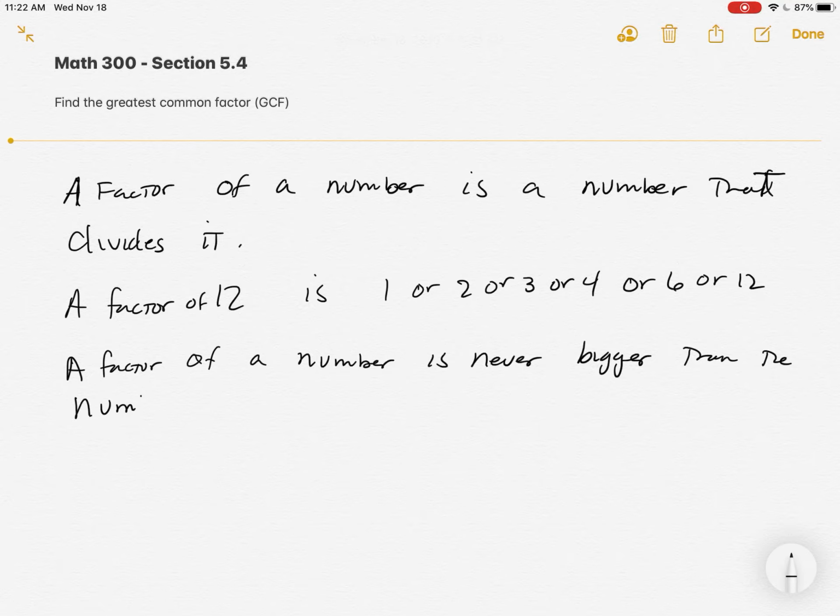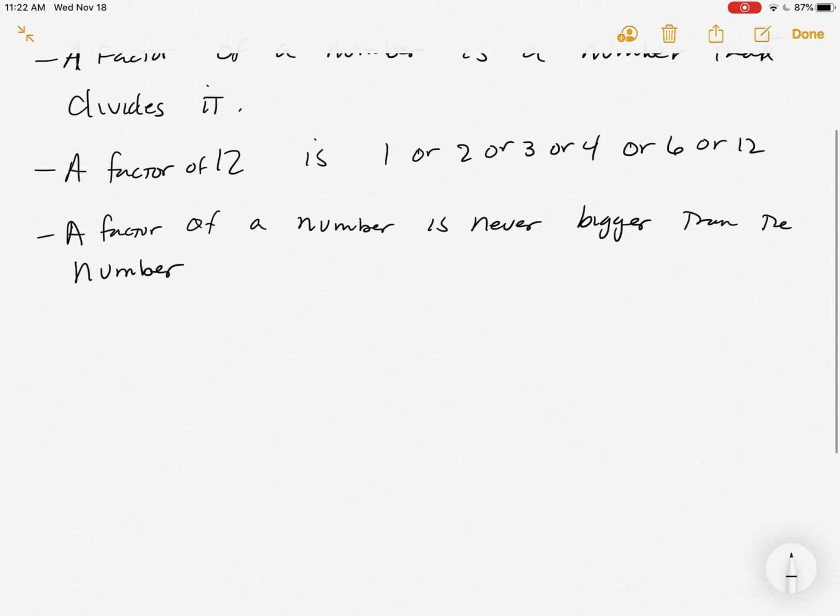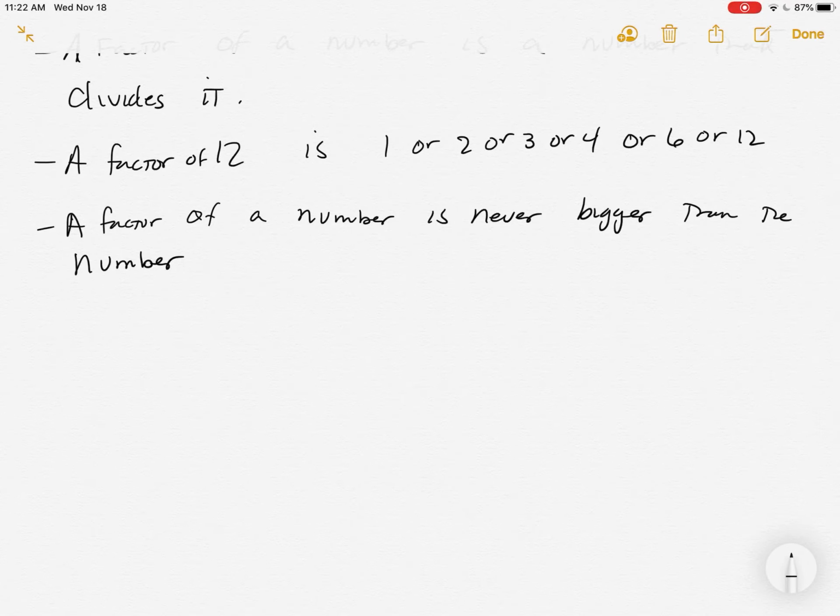And I'm stressing this, it might seem really lame, but I'm stressing it because we're going to do two things: greatest common factor and least common multiple. And if I can get you to remember that a factor is smaller, then it will tell you what to do, because you use the same window to go through and do that.